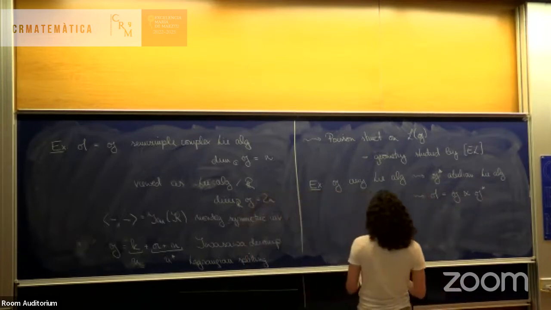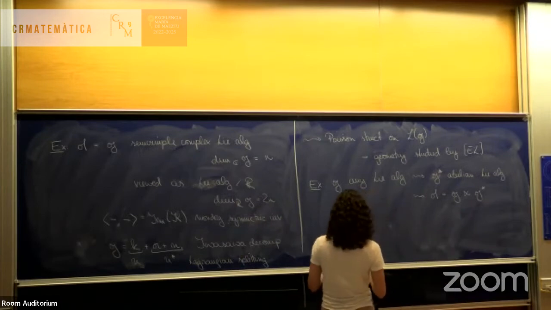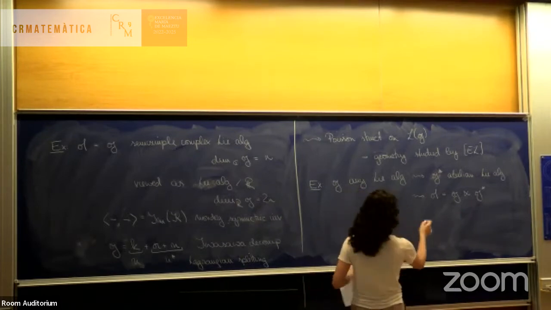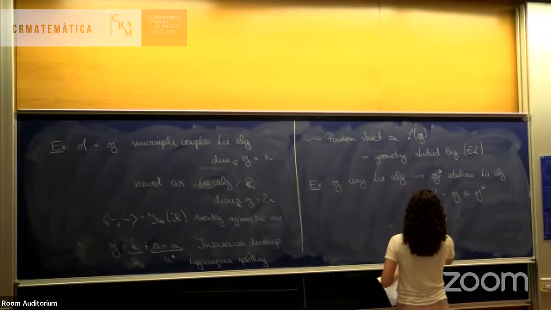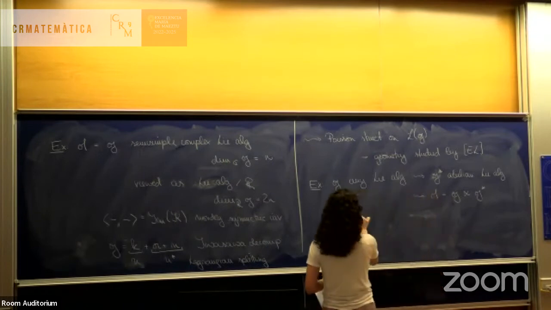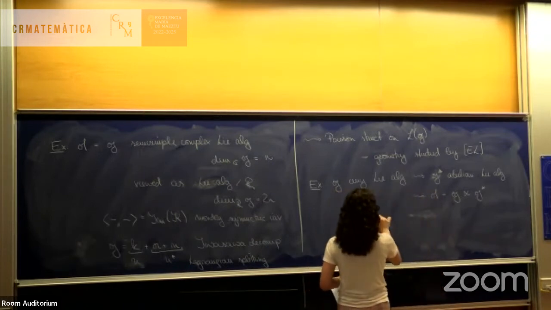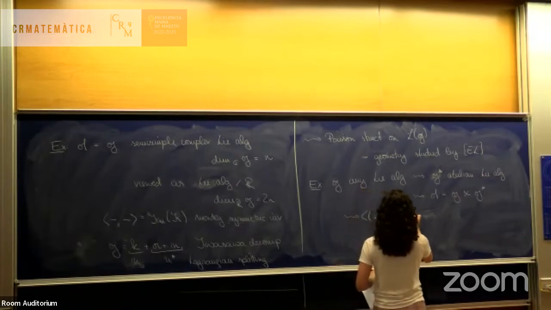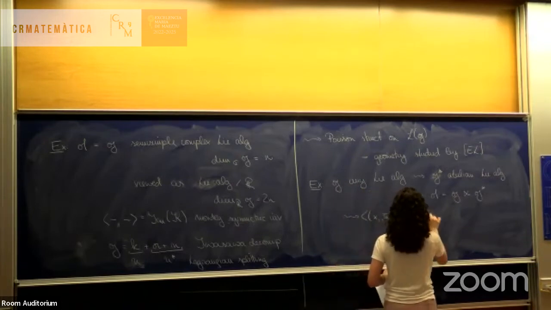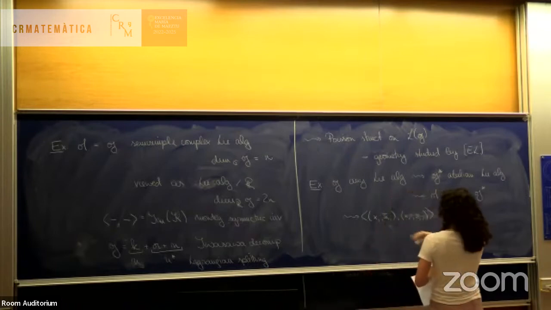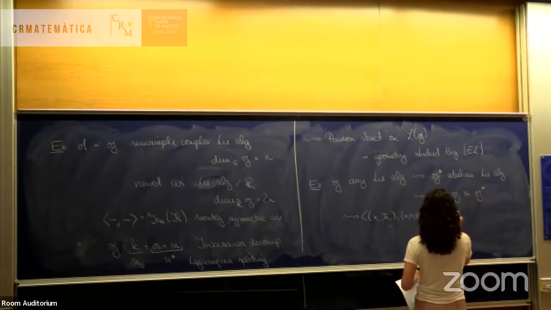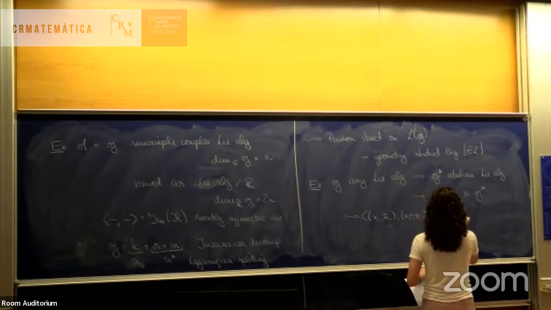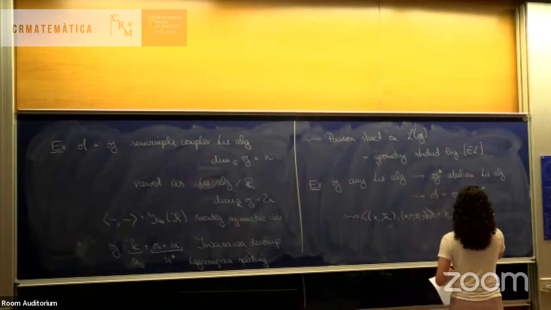Okay, and in this case, I can define on the space a bilinear form by taking two pairs x1 c1 and x2 c2 and outputting c2 of x1 plus c1 of x2.